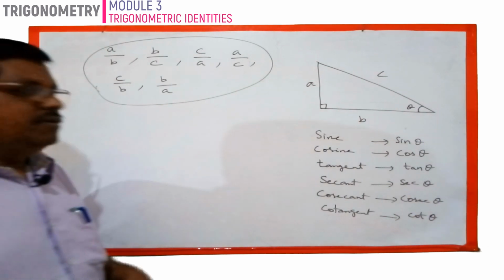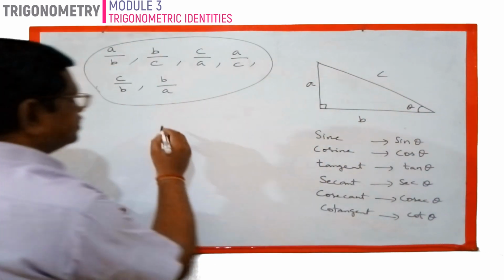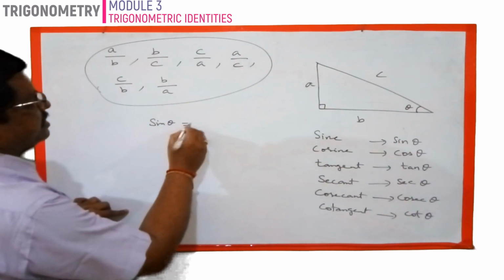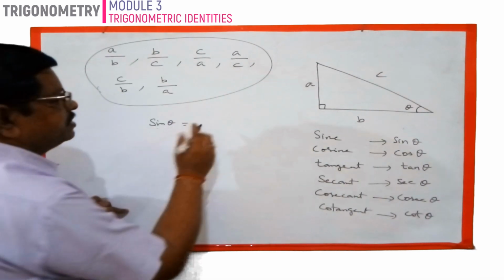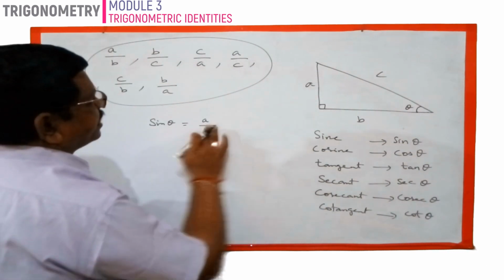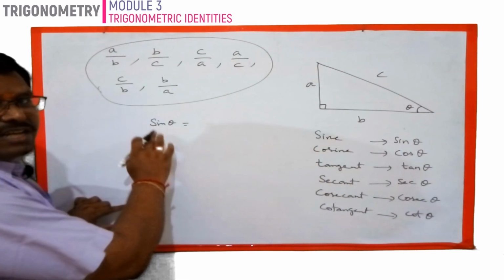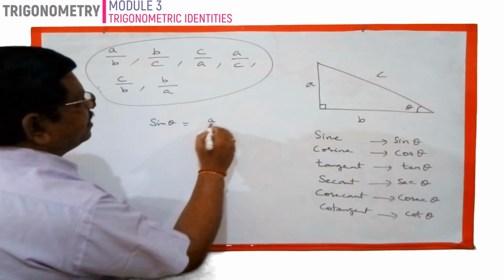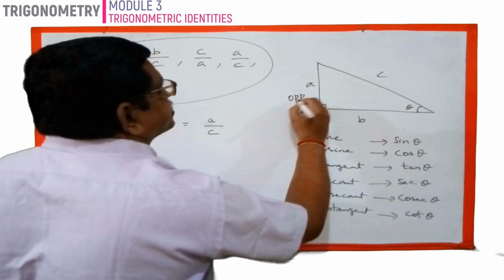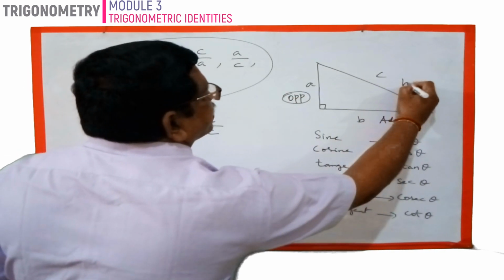Okay. So here we are going to define what is sin theta. Sin theta is a function. It is the ratio of the side A by side C. Sin theta is the ratio of the side A and side C. Remember, this is called the opposite side, this is the adjacent side, and this is the hypotenuse.